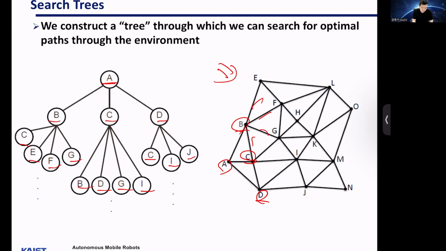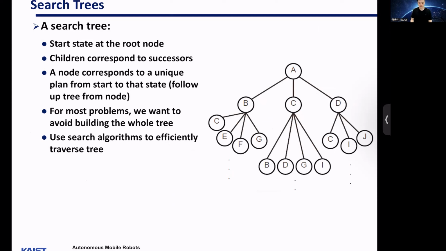Let's say we want to get to H, but there are many paths and many options to get to H, and each branch reaching H requires computation, and that computation can be very heavy, because you are basically computing all the combinations, all the paths from A to H.